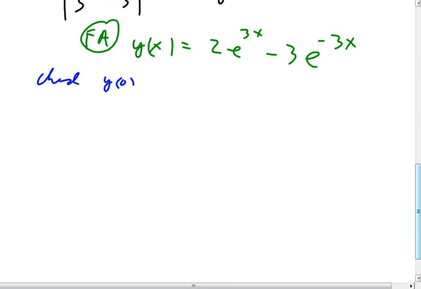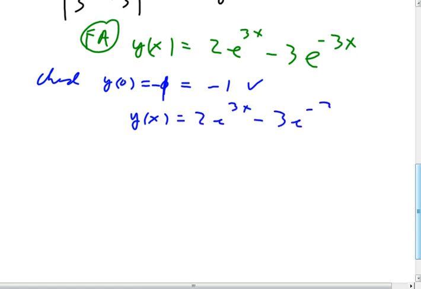y at 0 is supposed to be, no, it's not. It's supposed to be minus 1, right? It is minus 1. Check. Okay, so I got y of x is 2e to the 3x minus 3e to the minus 3x.